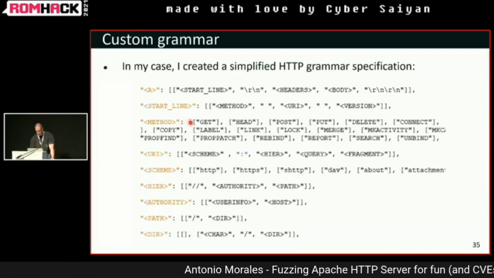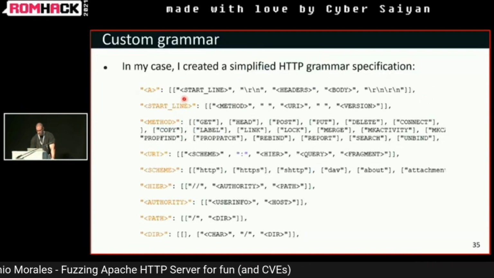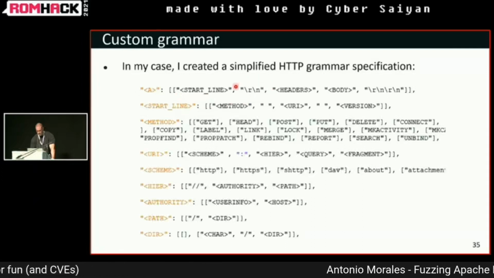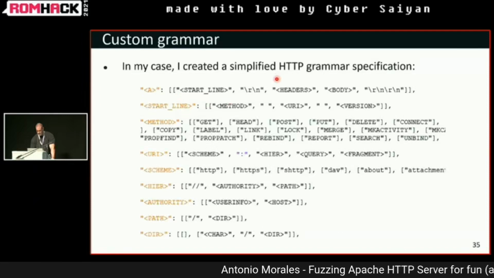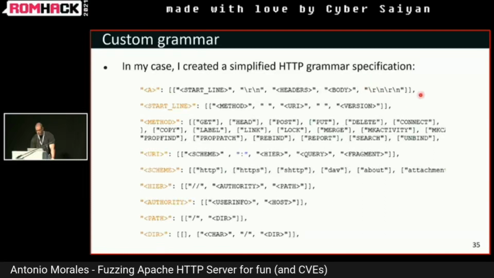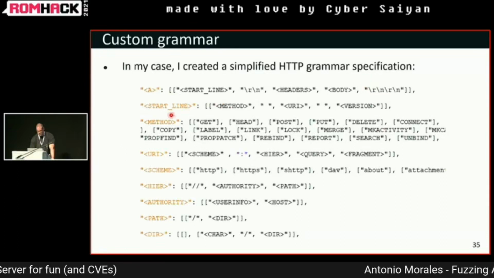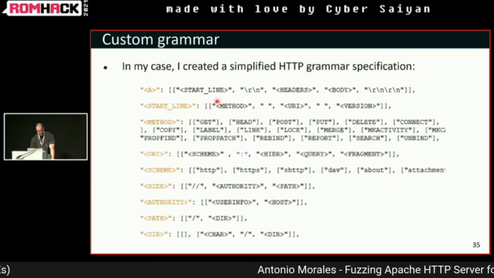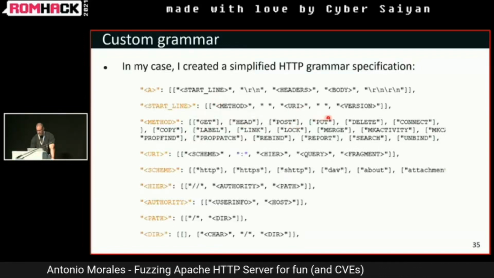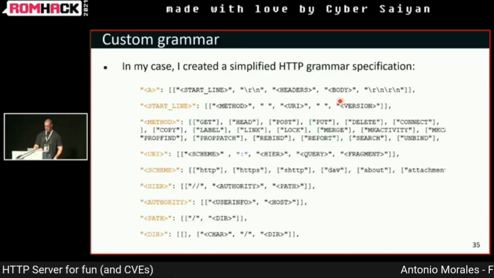You can see that every request is composed of a start line, then an end of line, then the headers, the body, and the end of the request. And at the same time, every single start line is composed of a method, for example GET, HEAD, POST, the URI, and the HTTP version. So this is a part of a custom grammar.